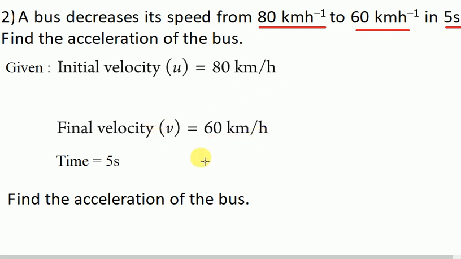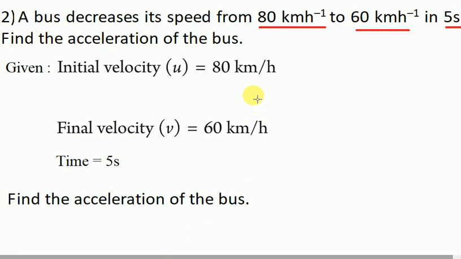It's not following the SI system, the international system of units. So we need to first convert the initial velocity and final velocity into meter per second. Then only we can solve this question, because time is given in seconds, or else you can convert time into hours. But since we are following SI units, let us convert initial velocity and final velocity into meter per second, and then after converting, we'll substitute the values.